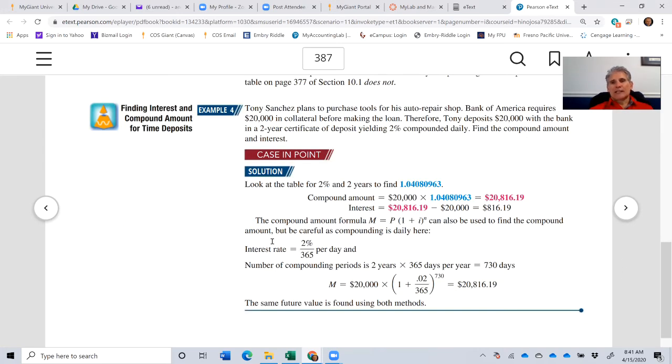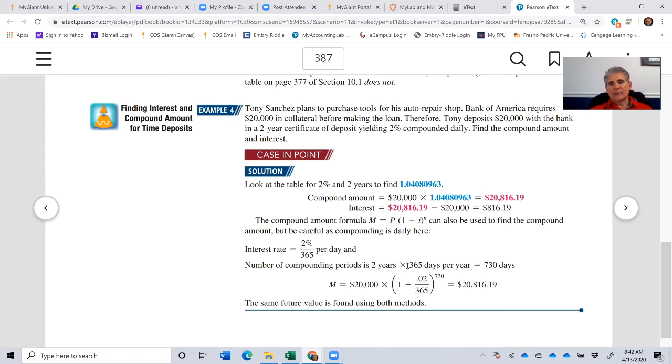Now, the other thing is, we could have used the compound interest formula as well. M, the maturity value, is equal to P, the principal, open parentheses, 1 plus i, close parentheses, to the power of n. But we have to remember that the i has to be converted to number of days, so it's 2% divided by 365. So the actual formula, the way you would write it out, would be 20,000 multiplied by open parentheses 1 plus 0.02 divided by 365, close parentheses, and then 730. 730 comes from the number of days that it's sitting in the deposit.